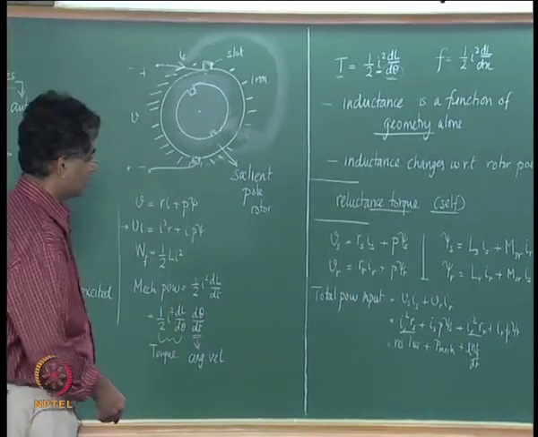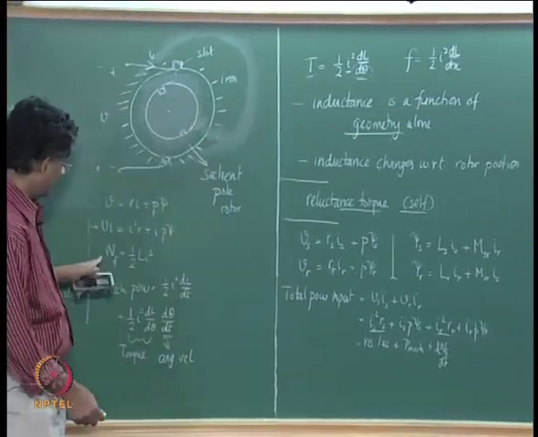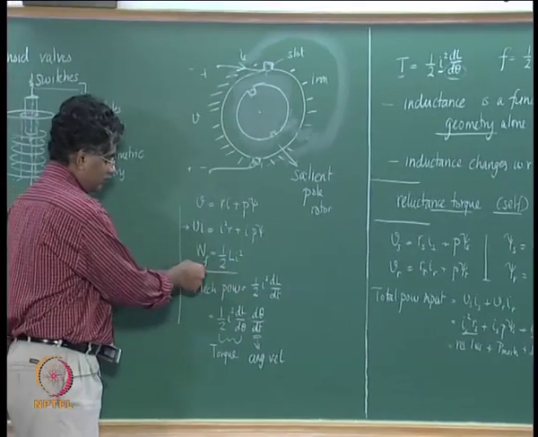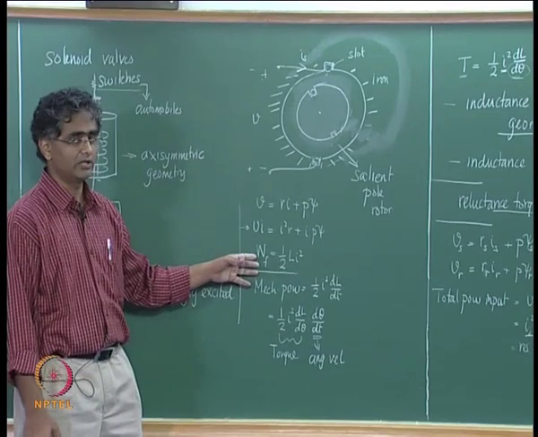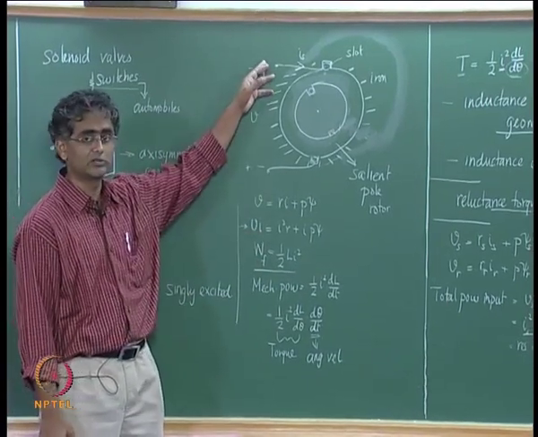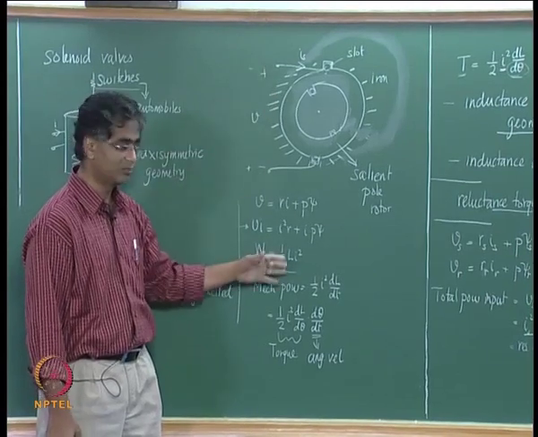Now the question is, how do you find out what is the expression for field energy? In the earlier case we said that field energy is simply half Li squared, but then there was only one excitation system, a single coil that was there on the stator, and therefore it is simply half Li squared.